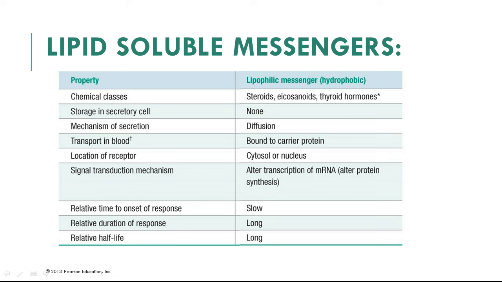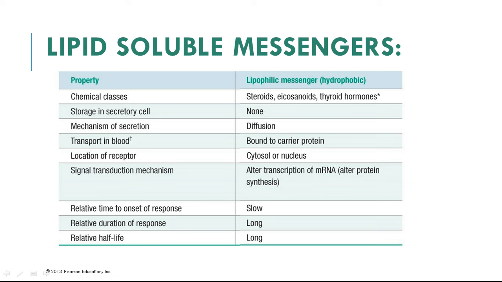So can we store our lipid soluble messengers? Can I make up a bunch of estrogen and store it, or make up a bunch of testosterone and store it in the vesicle? Why can't I store these things in vesicles? They'll leak out because the vesicles are made up of membrane lipids, which are membranes, which are lipids.